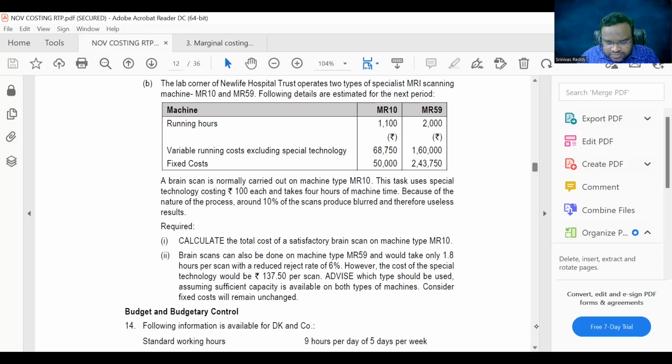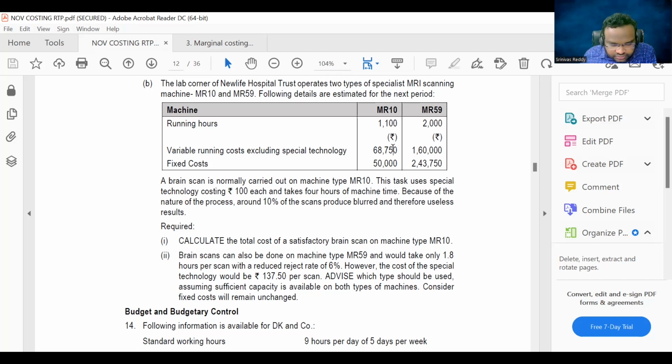This task uses special technology costing 100 each and takes 4 hours of machine time. Because of the nature of the process, around 10% of the scans produce blurred, therefore useless results. So only 90% are effective. Calculate the total cost of a satisfactory brain scan on machine type MR10.